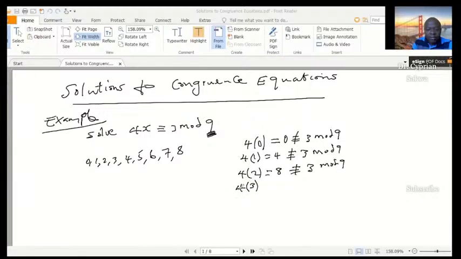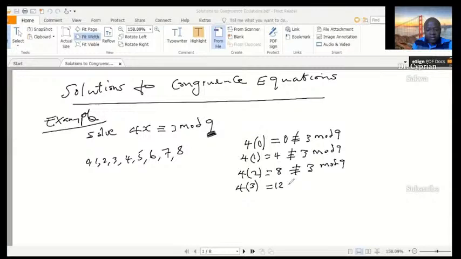3 times 4 is 12. 12 divided by 9. 9 goes into 12 once. And you get 9. Subtracting 9 from this 12, the answer will be 3.